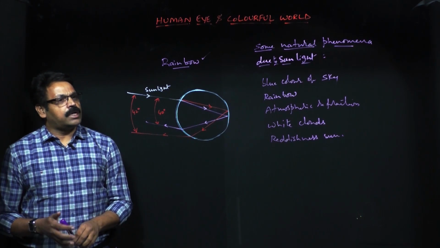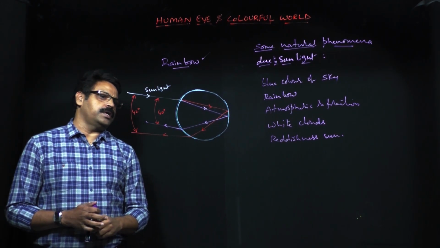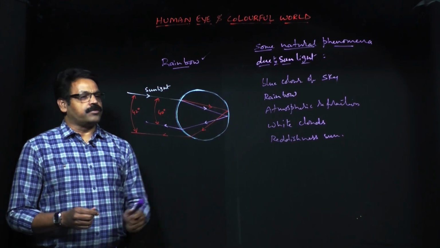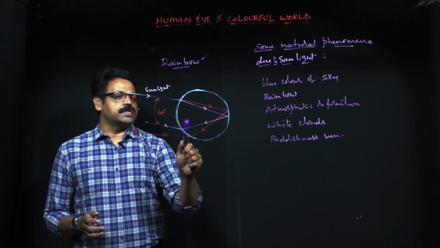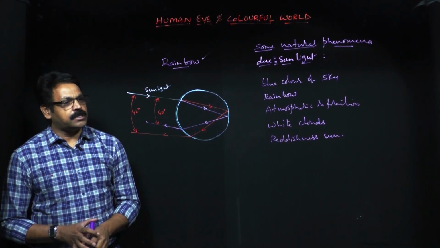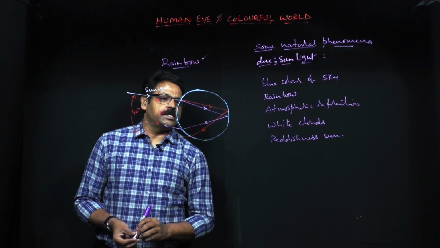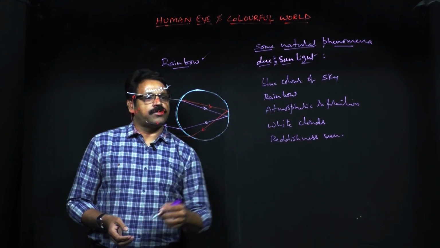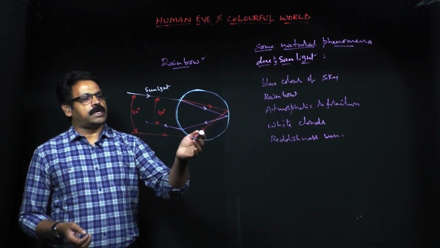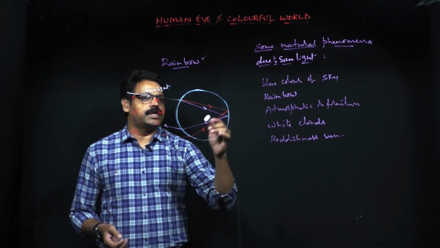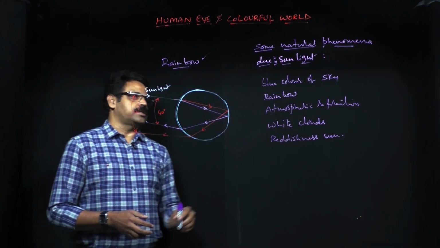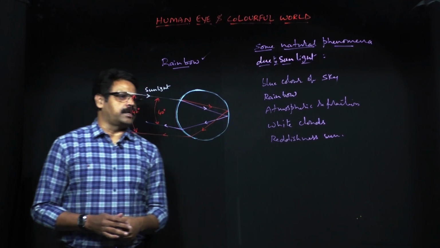That means the phenomena involved in the formation of a rainbow are 2 refractions, 1 reflection, and the dispersion. Dispersion is nothing but splitting up of white light into 7 constituent colors that we have seen with the help of the prism earlier. Here the same phenomenon is occurring because of the refraction, reflection and dispersion. The rainbow is formed. This is one of the natural phenomena of the sun.